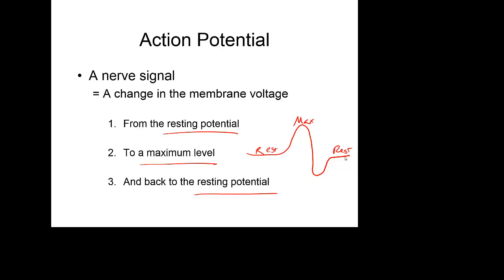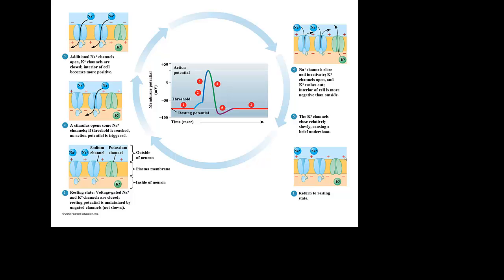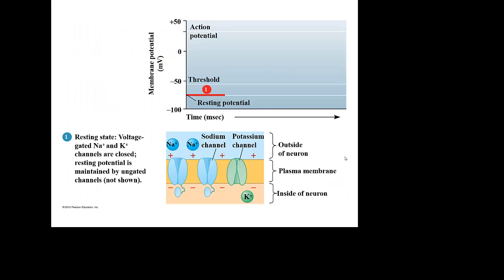What I want to show you now is how we actually make it happen. And it's all about changes in ion concentration. So, if we're hanging out at rest, we look at the resting potential being about minus 70 millivolts. So this is if you measured the difference between the inside and the outside of that neuron, inside and outside of that plasma membrane, this is what you would see. Remember, we had more positives outside and less positives inside.